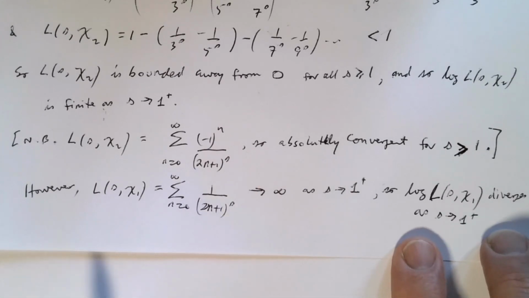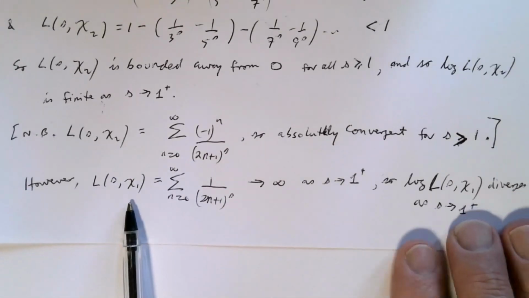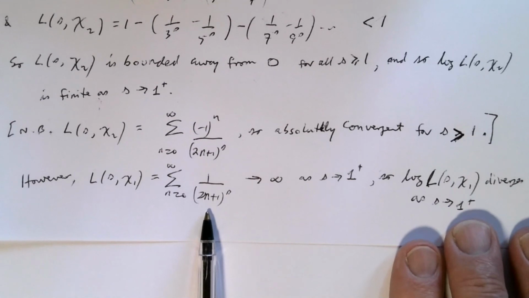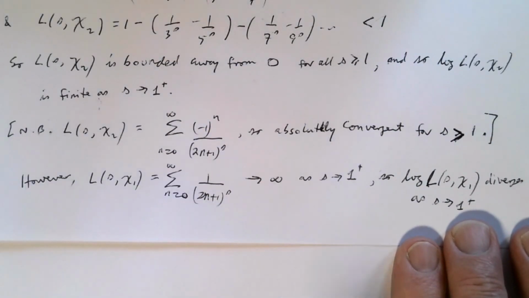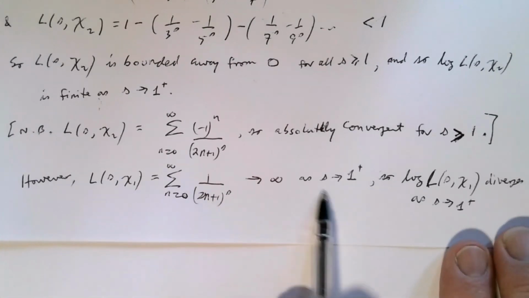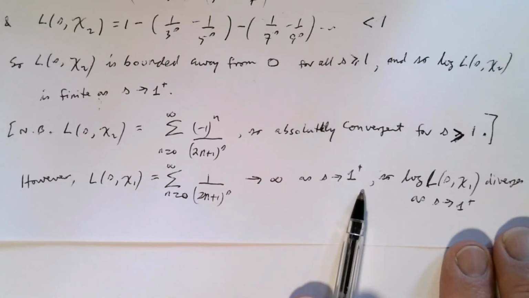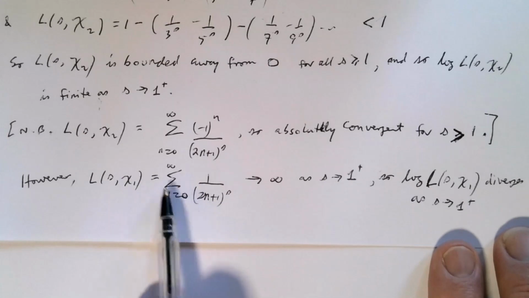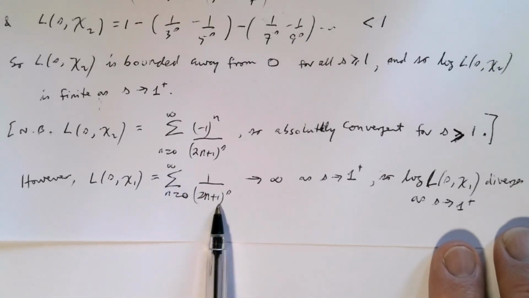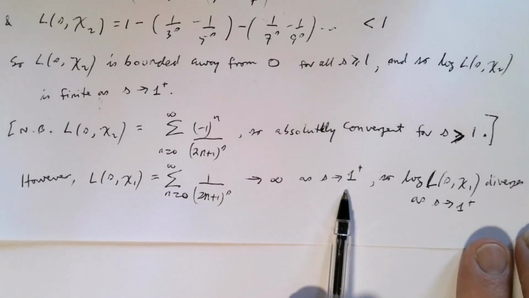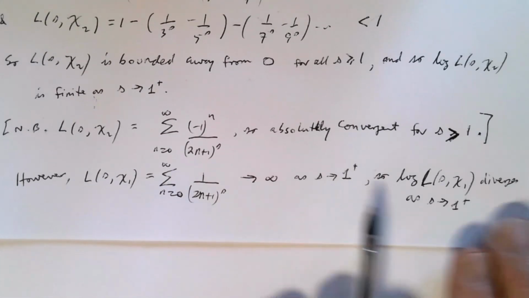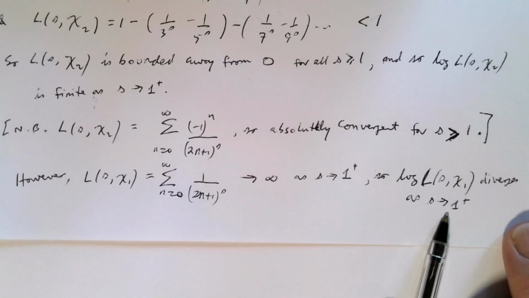Now, on the other hand, L(s, χ1), if you just write down what that was, is just the sum of the s powers of the odd numbers, and clearly that does go to infinity. As s goes to 1, this is not alternating anymore, this is the sum of 1 over (2n+1) to the s, and that one will diverge as s goes to 1 from above, and that means its logarithm diverges as s goes to 1 from above.